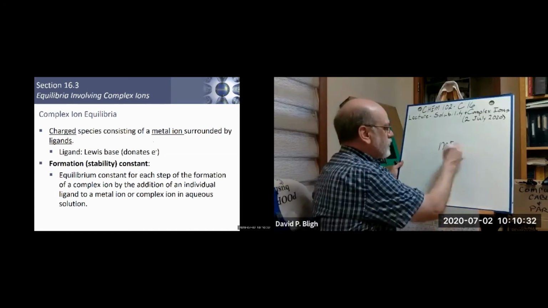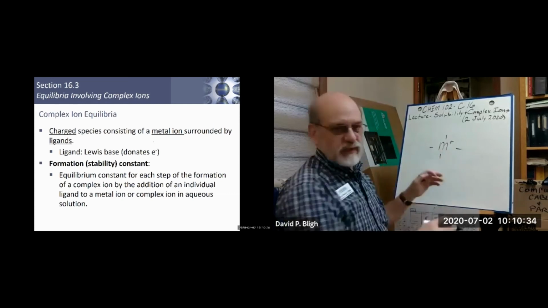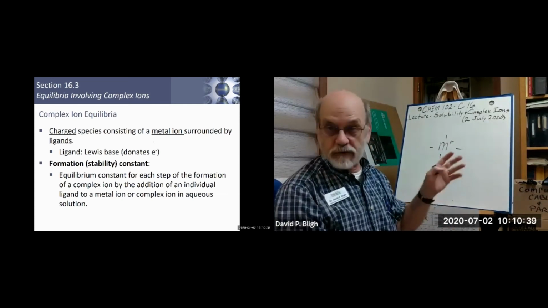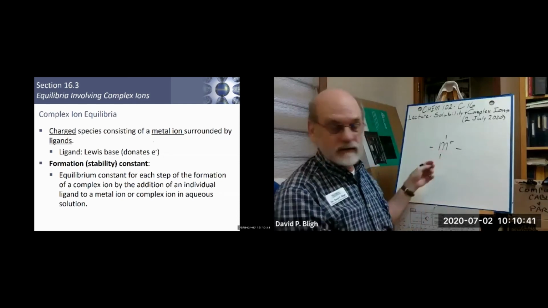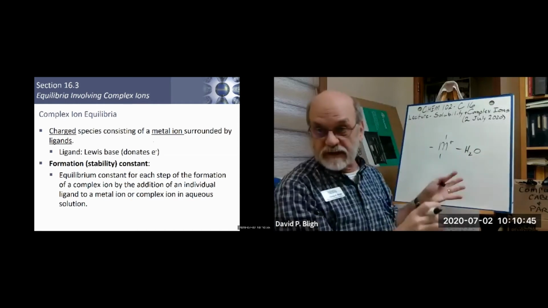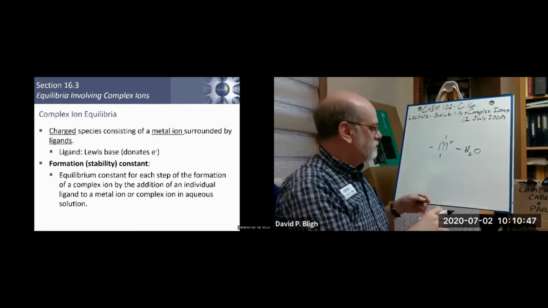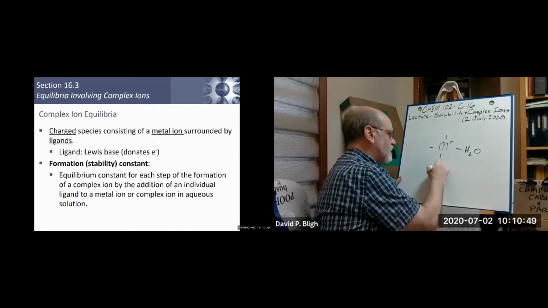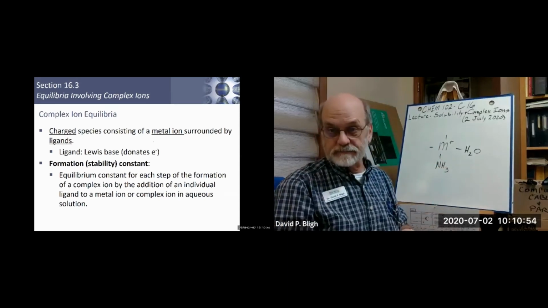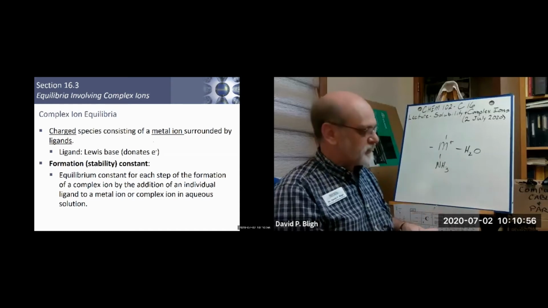And ligands, it could be 2, 3, 4. I've seen up to 12 ligands attached to the metal. Sometimes water molecules will attach. Sometimes ammonia molecules will attach. Those are just two examples.